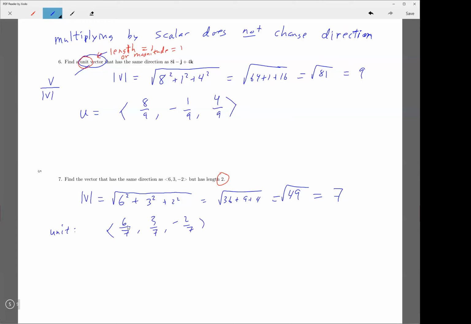But if you want it to be 2, then you multiply this by 2. Okay, so it's going to be 12 over 7, 6 over 7, and negative 4 over 7. Okay, and that should be the answer right there.